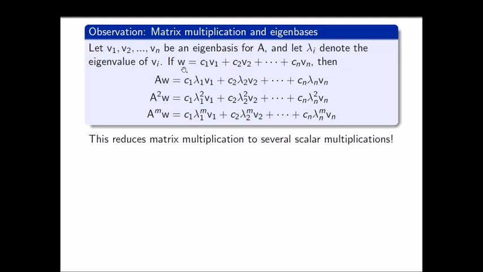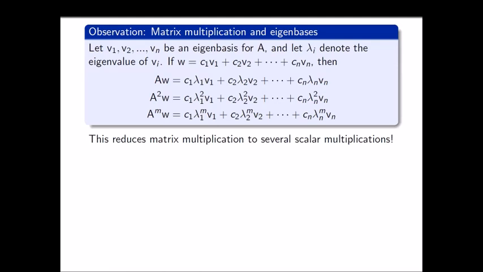If W is a linear combination of these vectors V1 through Vn with coefficients C1 through Cn, then we saw earlier that A times W is just C1 times AV1 plus C2 times AV2 plus C3 times AV3 dot dot dot till Cn times AVn.